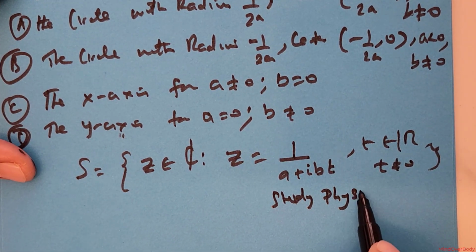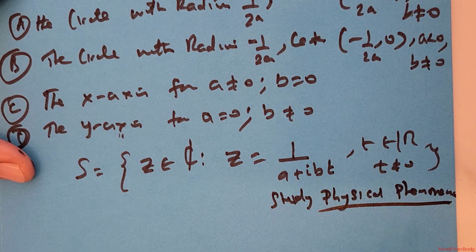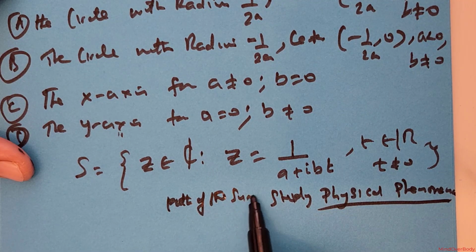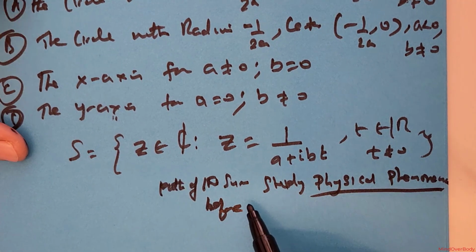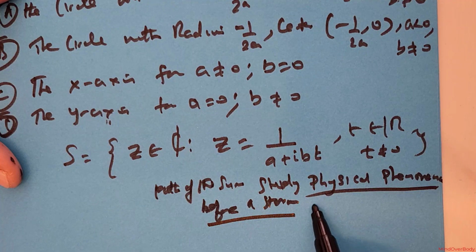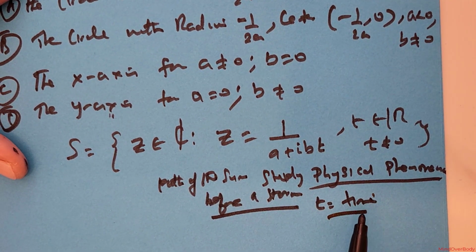For example, the path of the sun before a storm, something like that. Definitely time t will be the time component here.